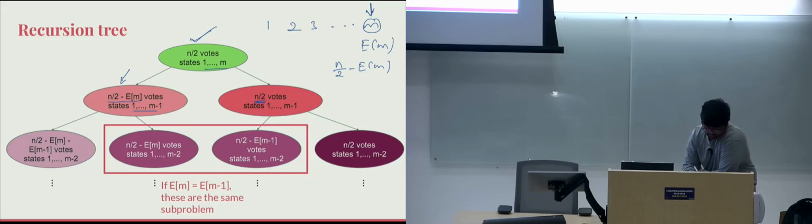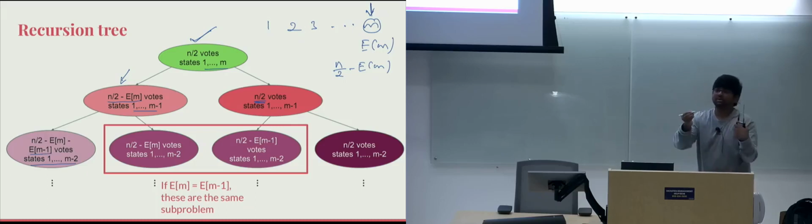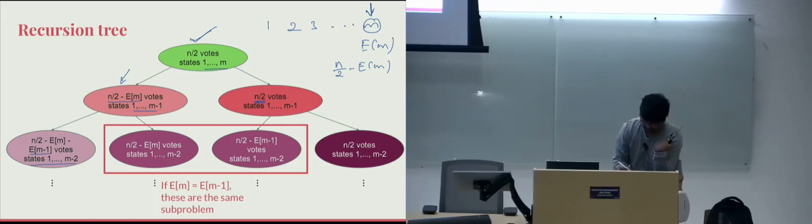Similarly, if you go a level below, the state m minus 1 is also voting for A, so the required number of votes decreases further, and the number of states is 1 less than the previous step. Here it was 1 to m minus 1, now it is 1 to m minus 2.